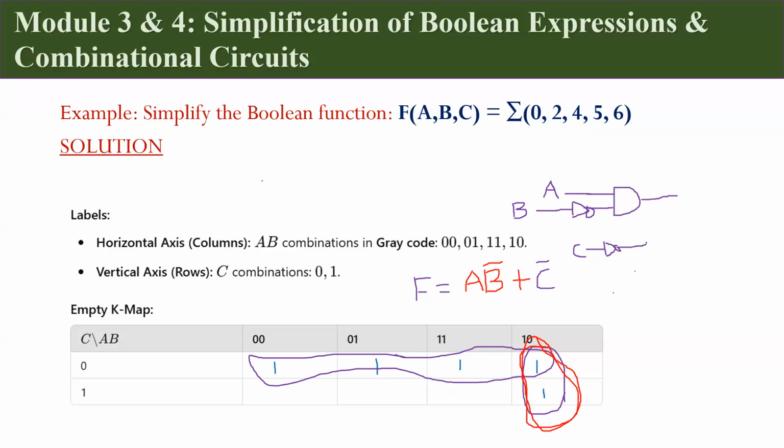Okay? Then the two of them are now going to where? They are going to join an OR gate. And finally, this is our F function.